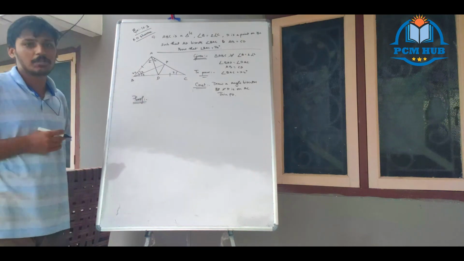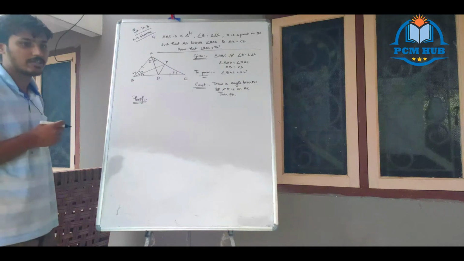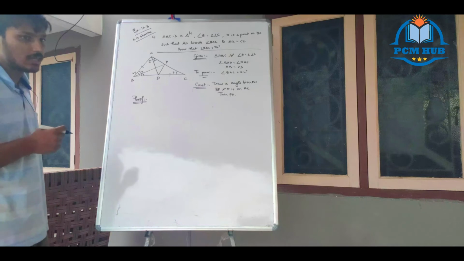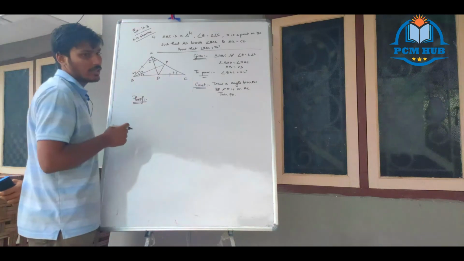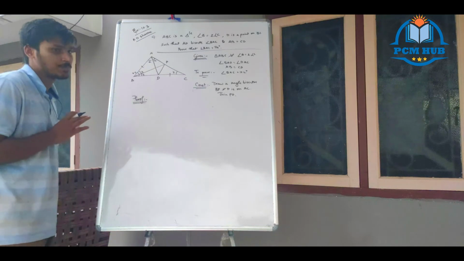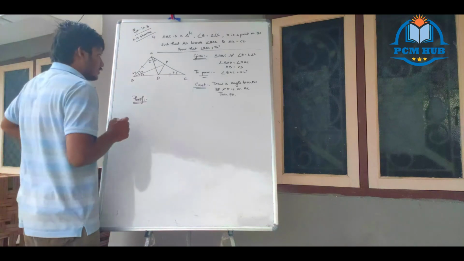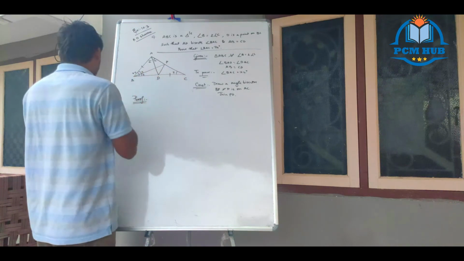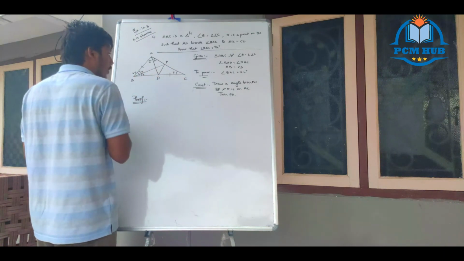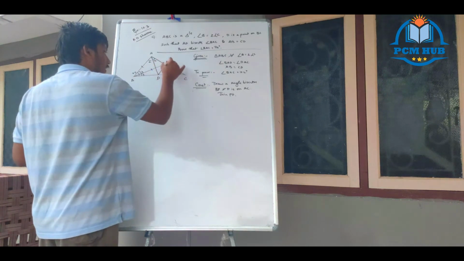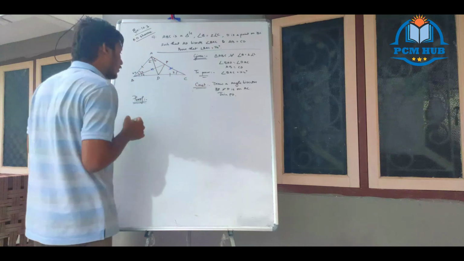We are joining PD because we will divide it into two triangles, then it will be much easier, because we need angles and properties here, mainly the exterior angle property. Now see, when this is y and this is y, these two opposite sides will become equal.